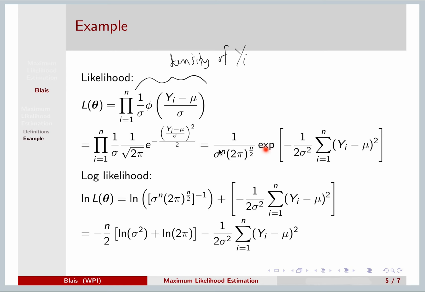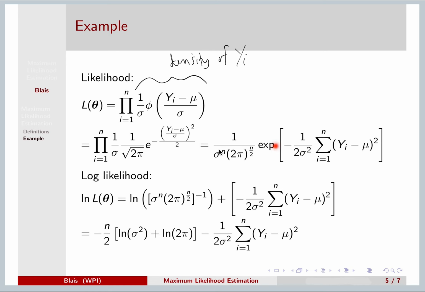This is going to be much more straightforward if we use logs to split this product into a sum of logs. So we transition to log likelihood. When we take the natural log of this likelihood function, first we get the natural log of this term. So we have natural log of sigma to the n, 2 pi to the n over 2, all to the negative 1. And then plus the log of the exponential.